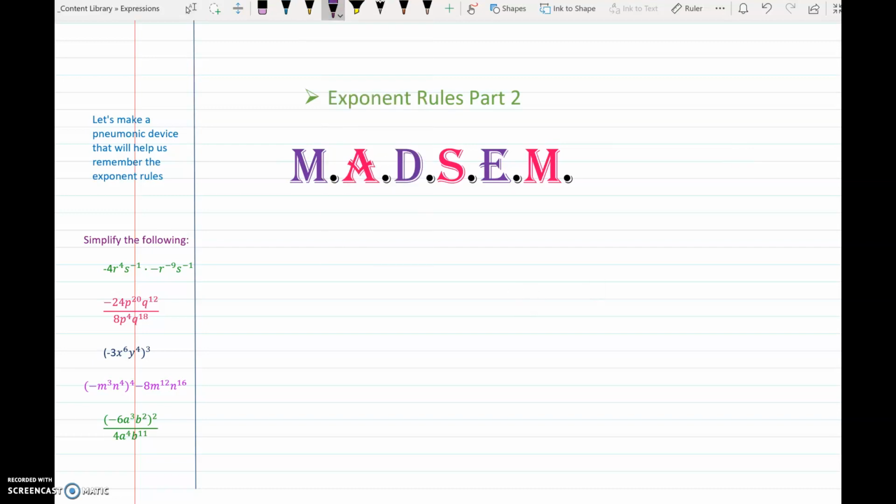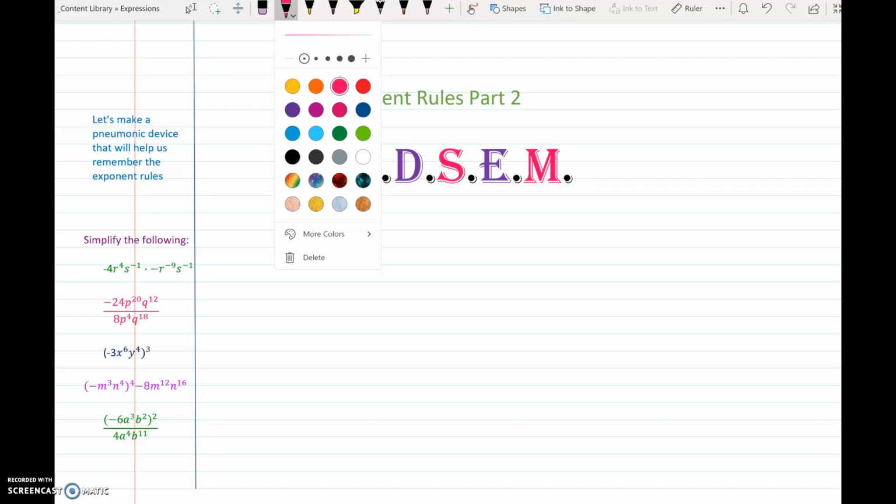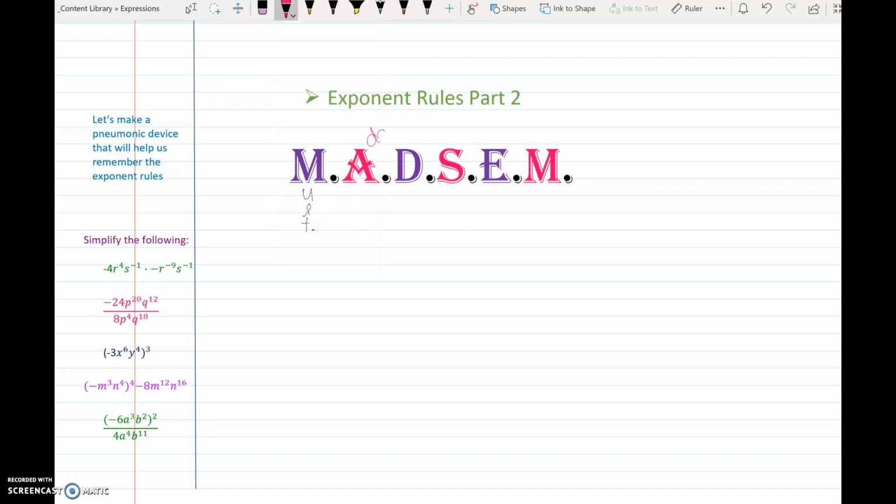get my colors right, whenever we are multiplying, we add the exponents. Whenever we are dividing, we subtract the exponents. And whenever we have an exponent raised to an exponent, we multiply the exponents.